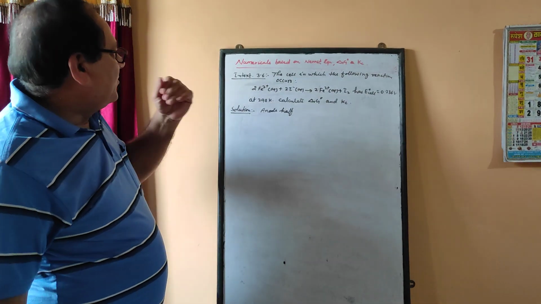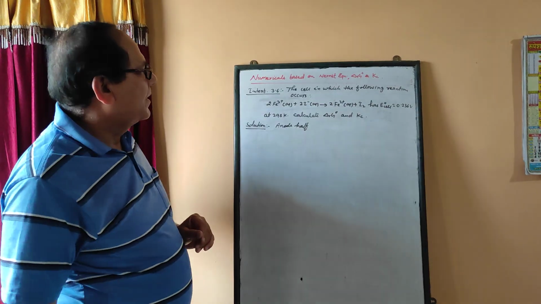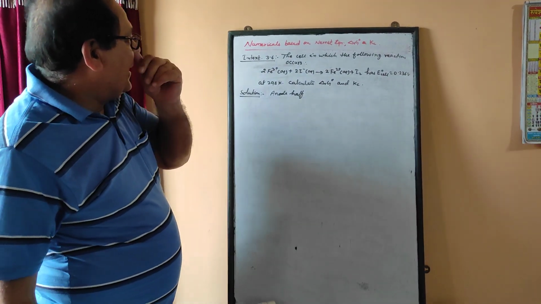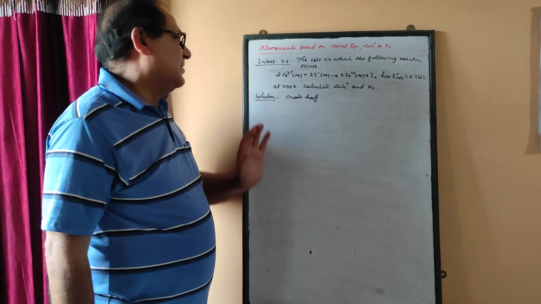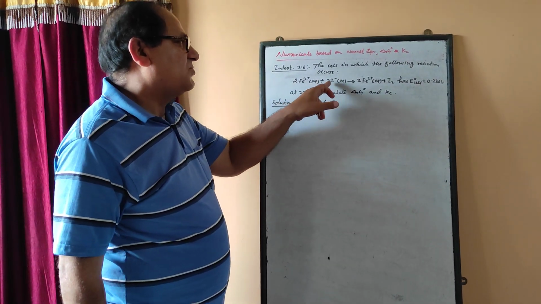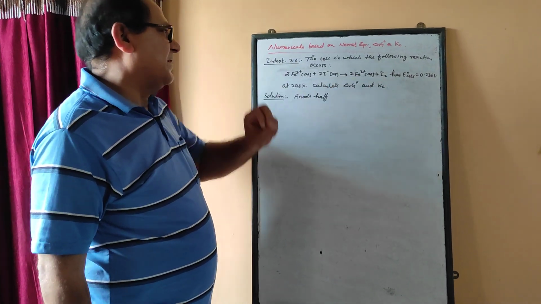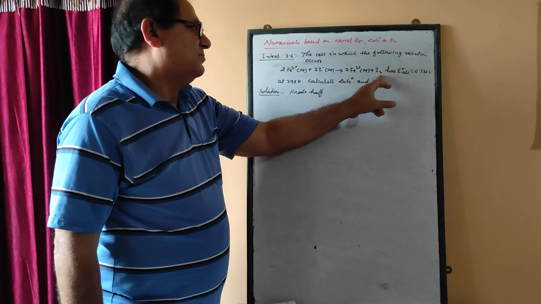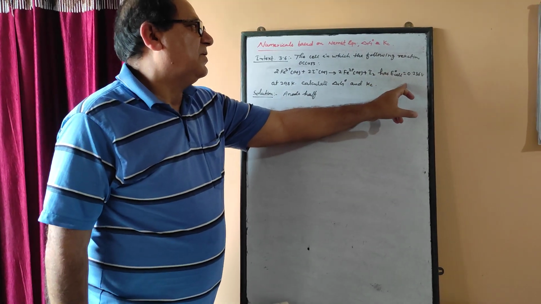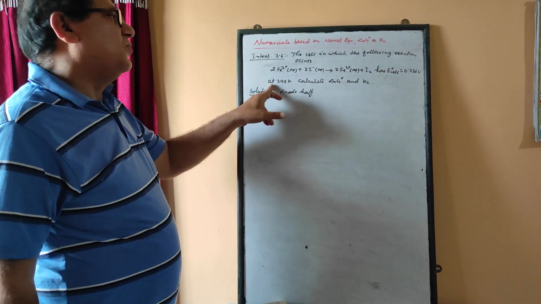Okay. Now the next question is in text 3.6. The cell in which the following reaction occurs: 2Fe3+ (aq) + 2I- (aq) gives 2Fe2+ (aq) + I2 has E0 cell equal to 0.236 volt at 298 Kelvin.